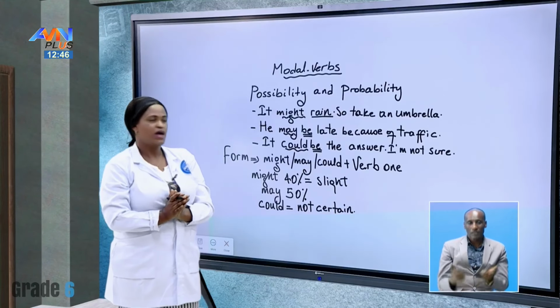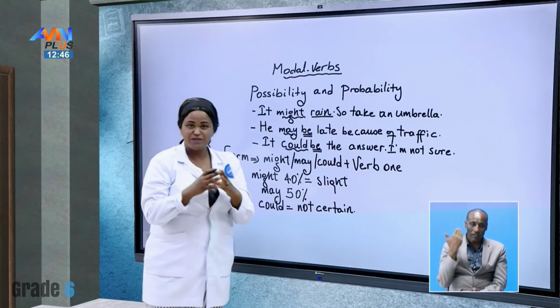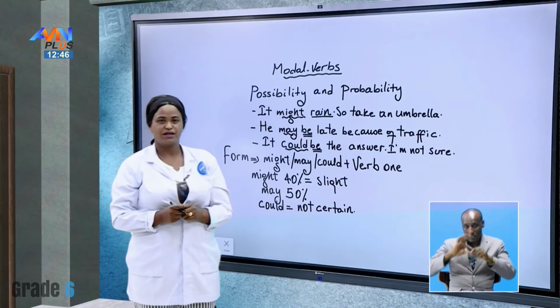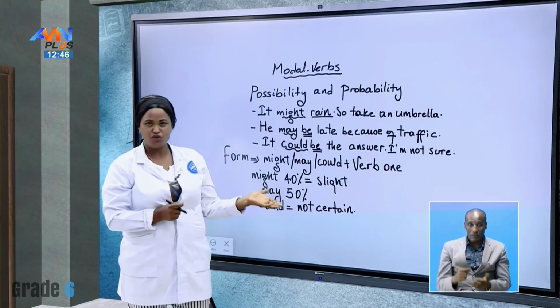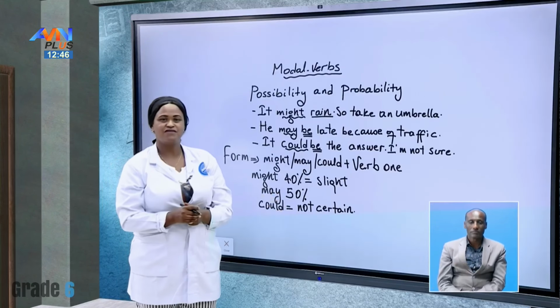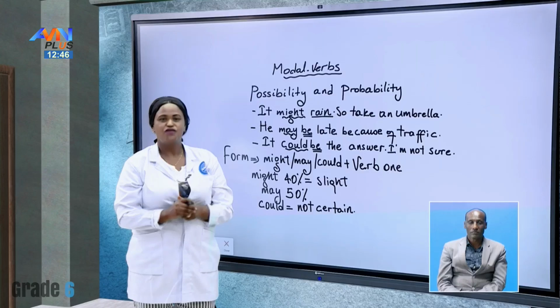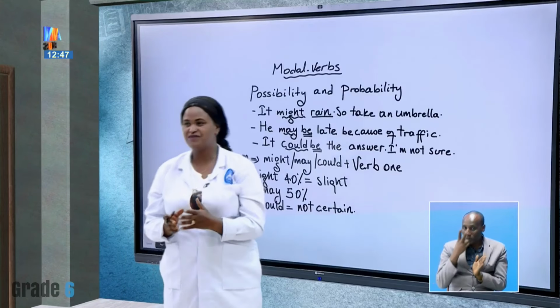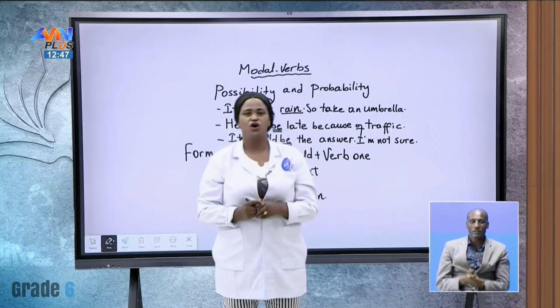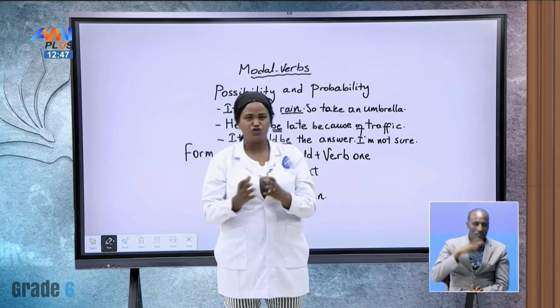Now, earlier I told you to make some sentences of your own. Can you now rewrite them based on the certainty or the possibility degree that you have? Let me give you a few seconds to check your sentences. For those which you believe have a possibility of 50% and above, use may.